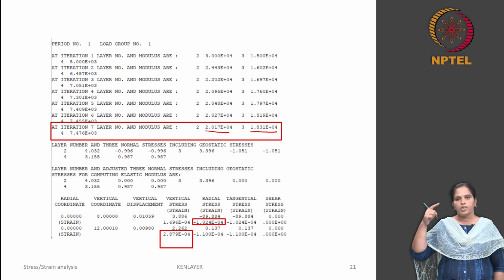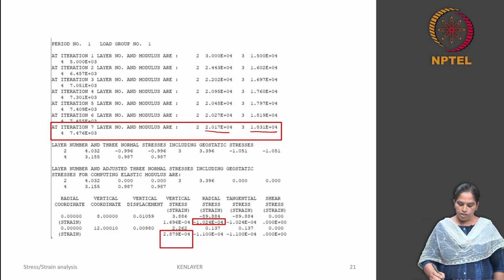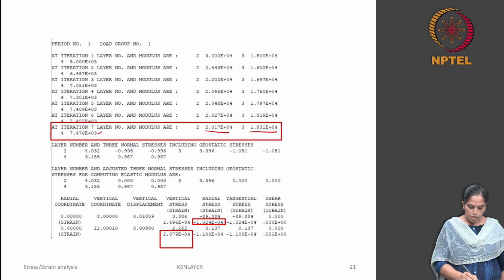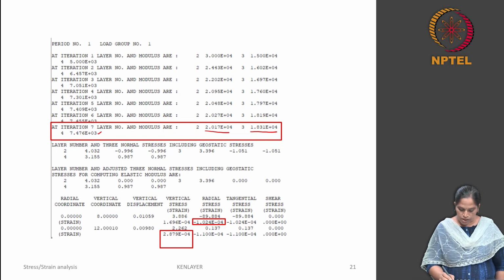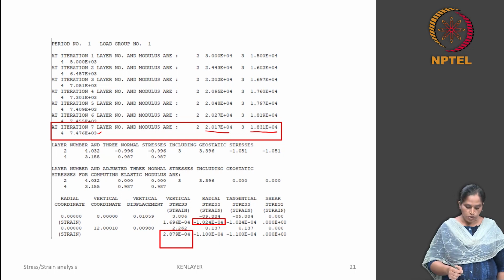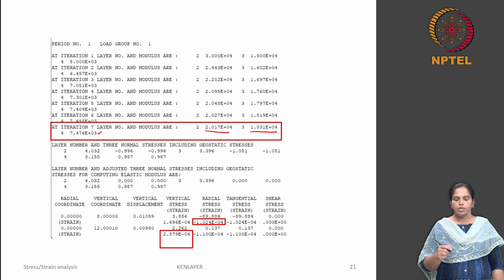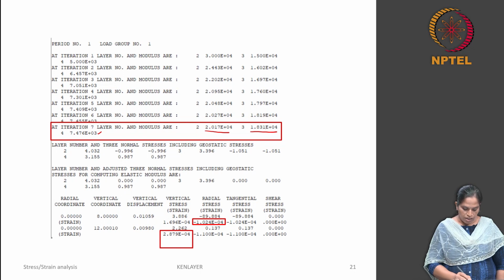So depending on the stress point you consider, the modulus values here are different. The fourth layer is the subgrade layer, and the modulus of the subgrade layer after iterations was found to be this. This modulus was computed at these locations: this is at 9 inch, this is at 11 inch, and the third one is at 13 inch. And the normal stresses computed at these locations are given here.